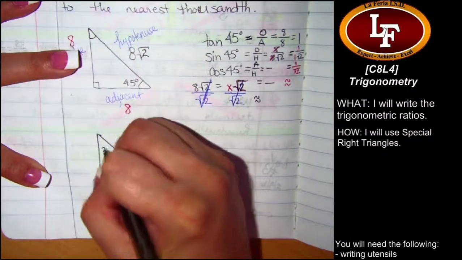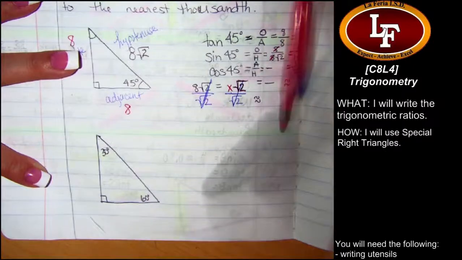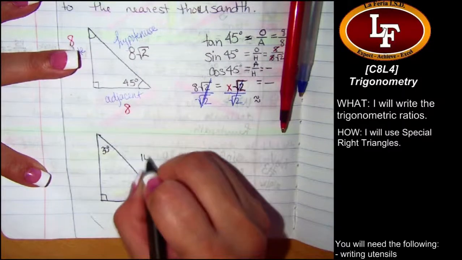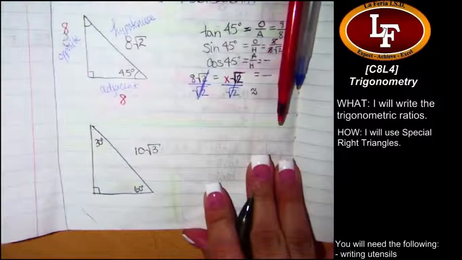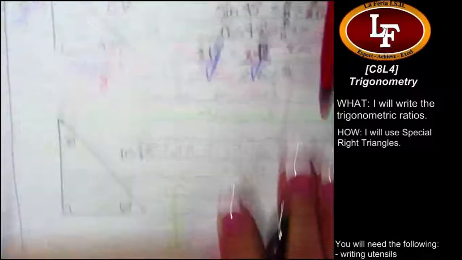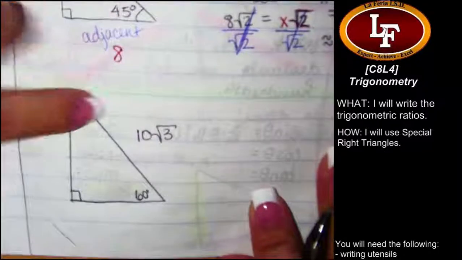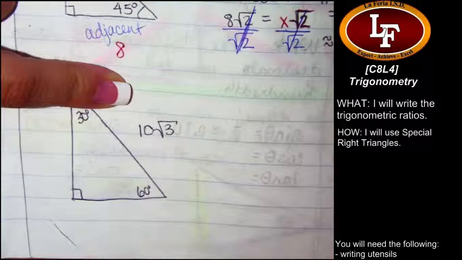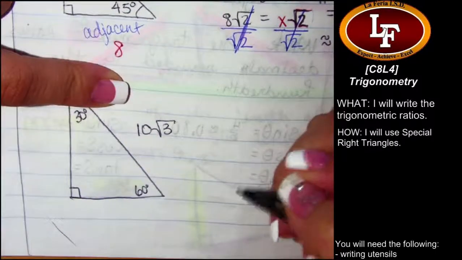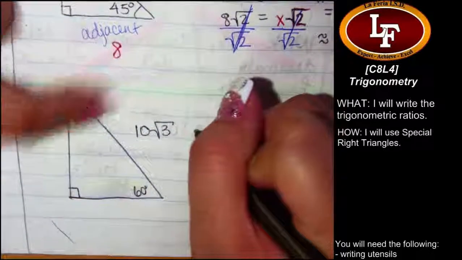Set up for a 30, 60, 90 right triangle, please. And let's make the hypotenuse 10 square roots of 3. According to our template, our hypotenuse is worth what kind of value? 10 times the square root of 3. That's according to this right here.